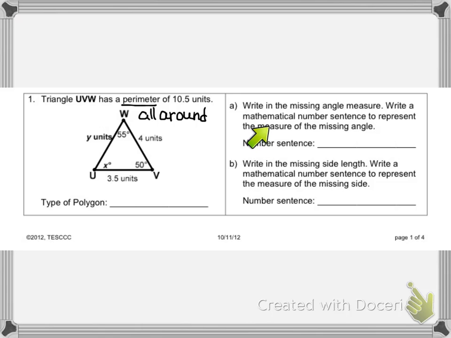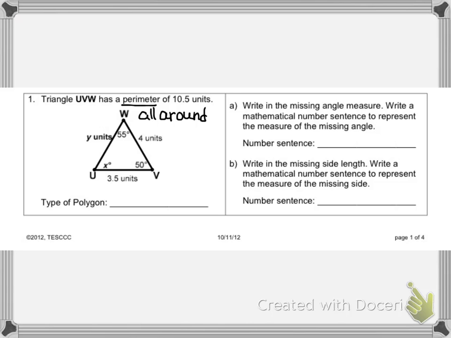Right here on letter A, it says, write in the missing side length, write a mathematical number sentence to represent the measure of the missing side. So what are we going to do to figure out the Y? We know that the total is 10.5, yes? And we know 2 sides, we're missing the 3rd side.